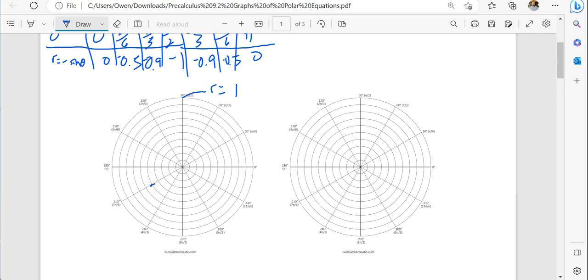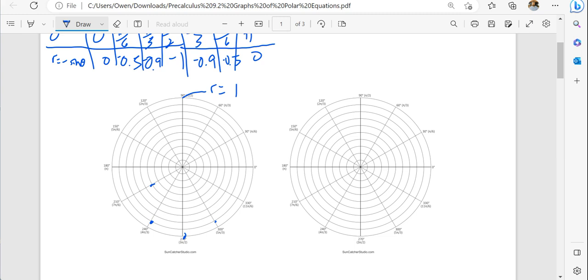And then negative 0.9 at pi over 3, there. Pi over 2, negative 1. Pi over 3, negative 0.9.